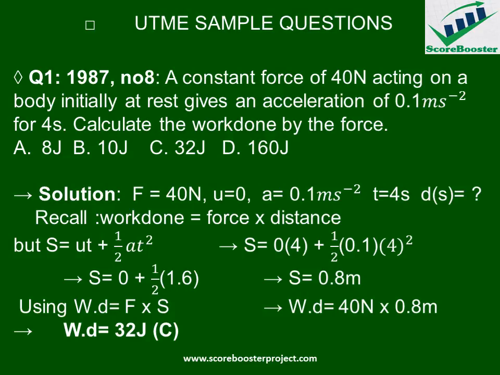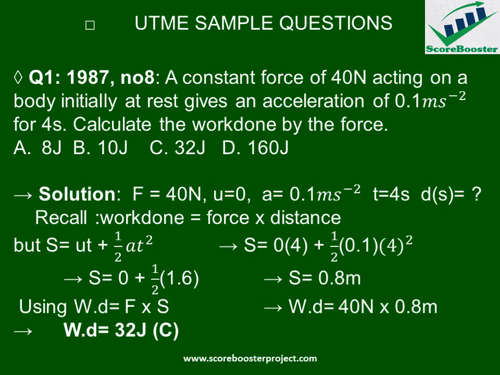But the suitable one for this question will be the equation connecting u, a, t and s, and that will be s equals ut plus half at square. When we substitute, s will be u, which is 0, into t, which is 4, plus half into a, which is 0.1, then into t square, that will be 4 square.